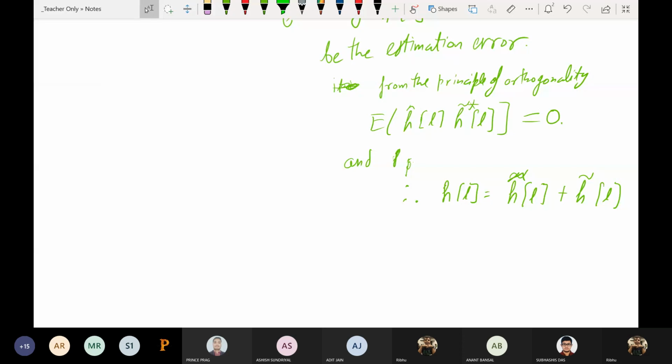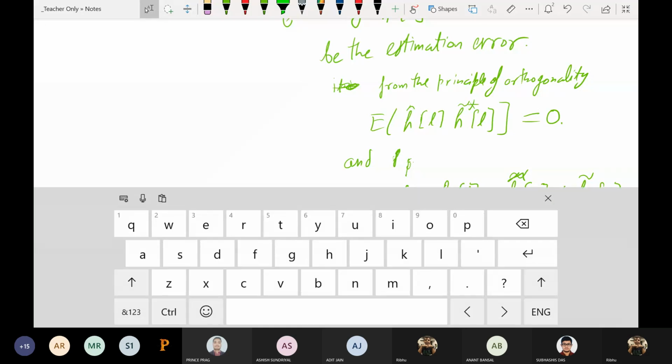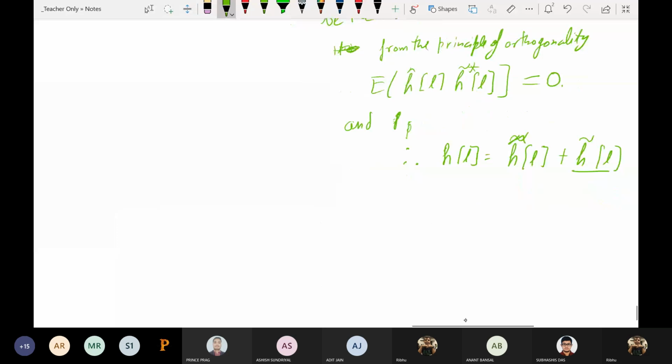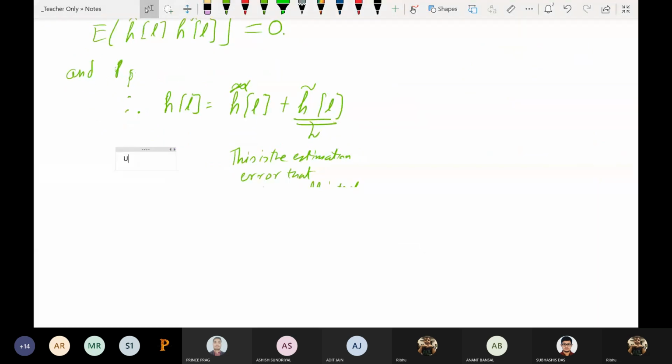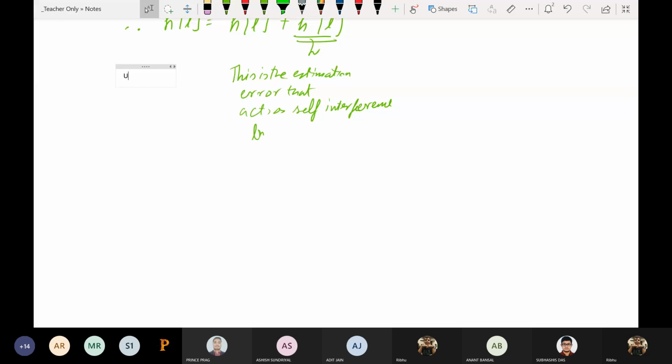We can decompose the channel into a known channel coefficient, which we know, plus this, which acts as the estimation error that acts as self interference that has to be treated as loss.